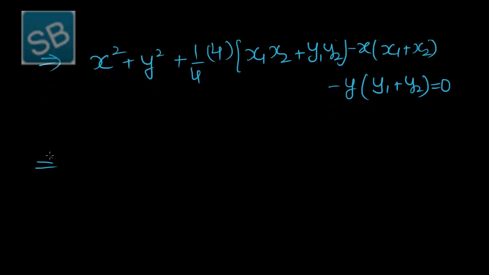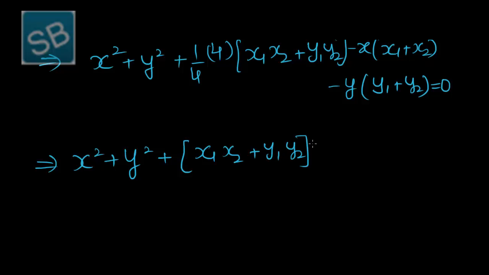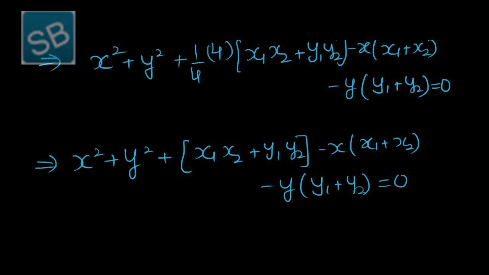That is x square plus y square plus (x1 x2 plus y1 y2) minus x(x1 plus x2) minus y(y1 plus y2) is equal to 0.